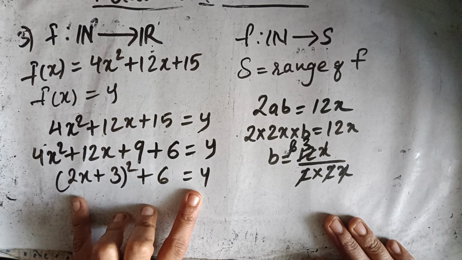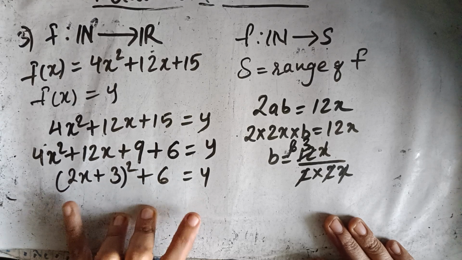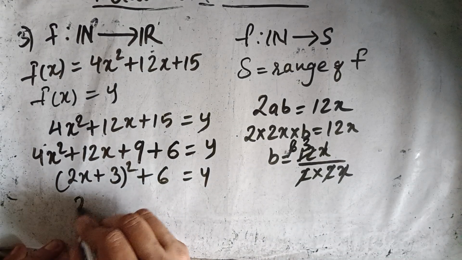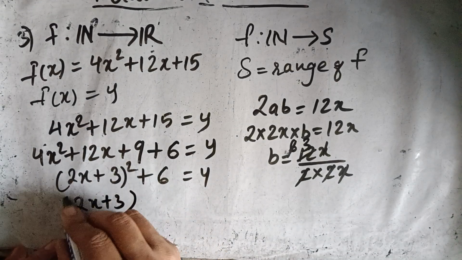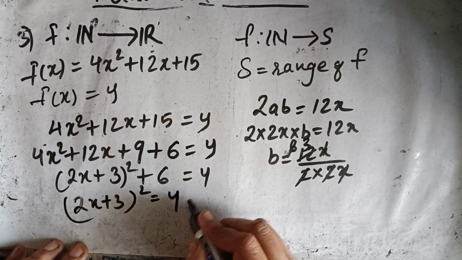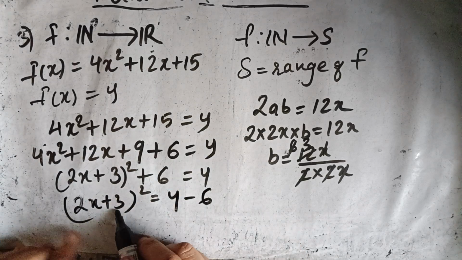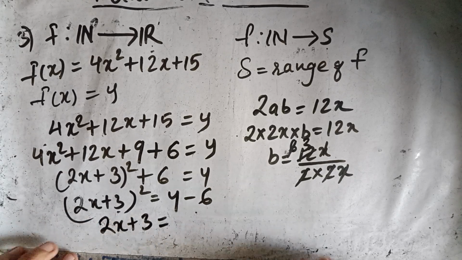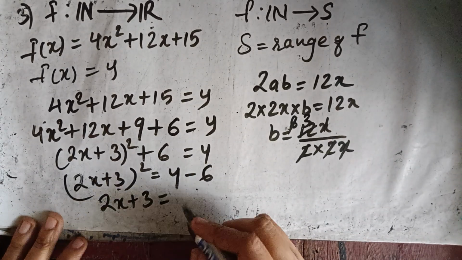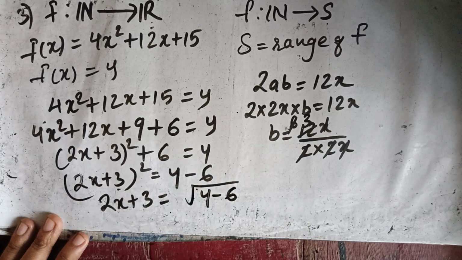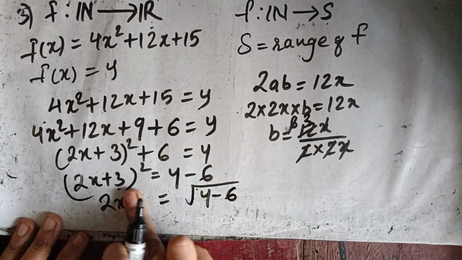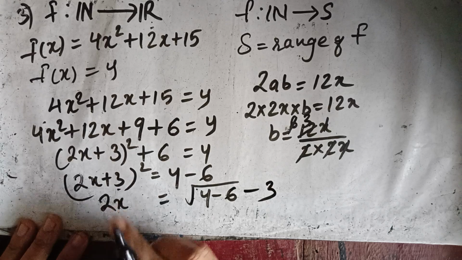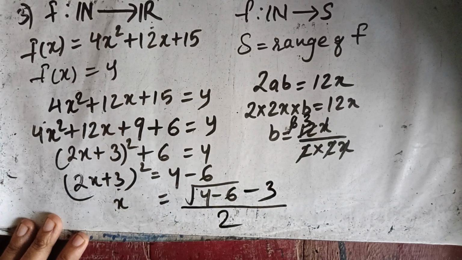So your x is root of y minus 6, then minus 3 (you have to take that side) and divided by 2.